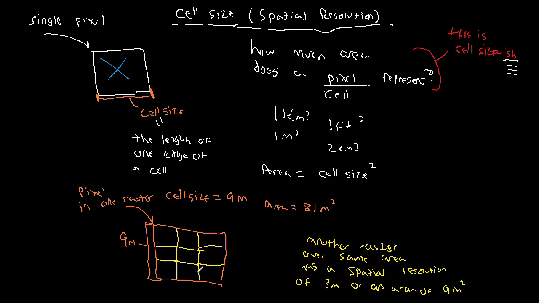Because this distance right here, that's 3 meters. So 3 plus 3 plus 3 is 9.